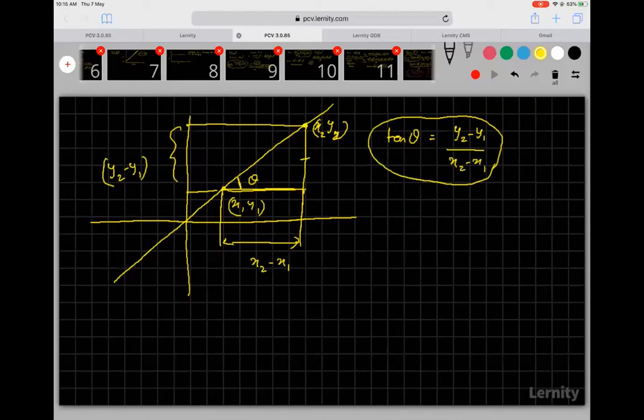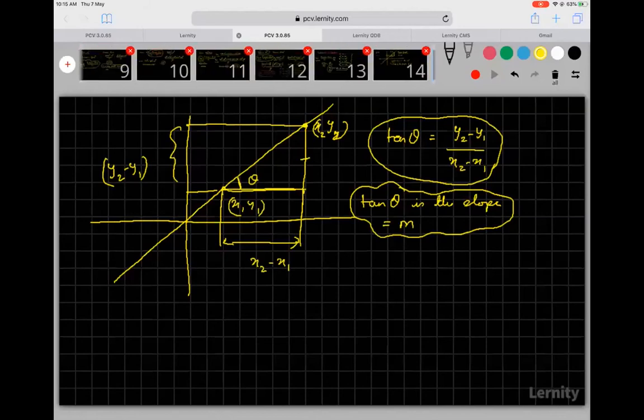This tan theta is called the slope of the line. Slope is represented as m. So that is about slope.